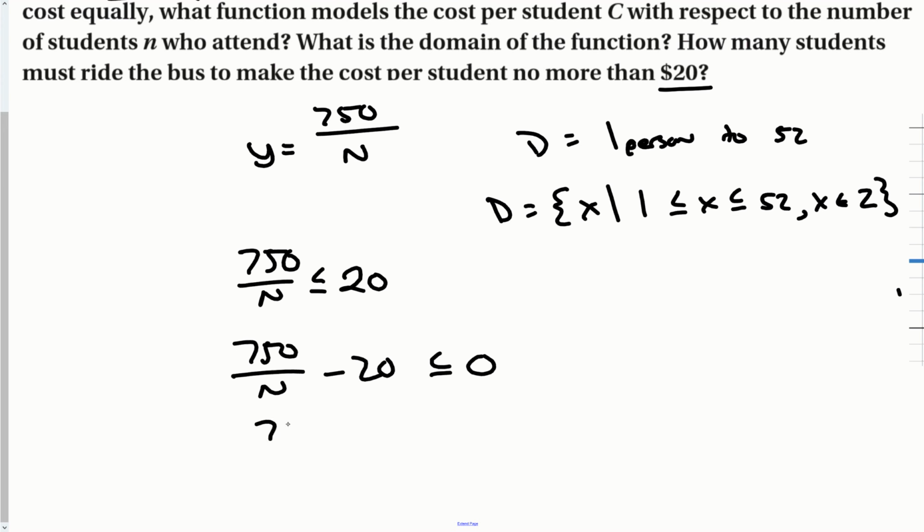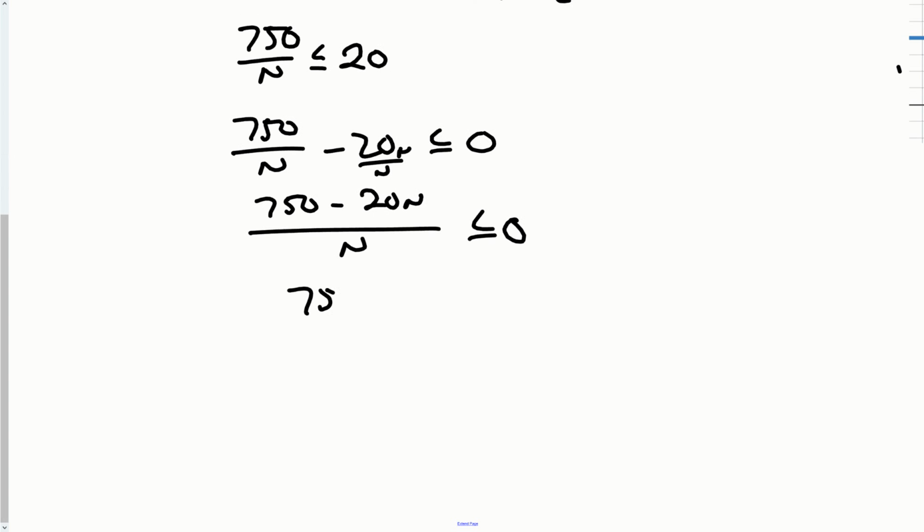Common denominator gives me this. And now we can assume that since I want to make the numerator equal to 0, the denominator is just a variable. So if I set the numerator equal to 0, then this function will be 0, and I have a place to compare. So I would do 750 minus 20n, and I want to know where this is equal to 0.